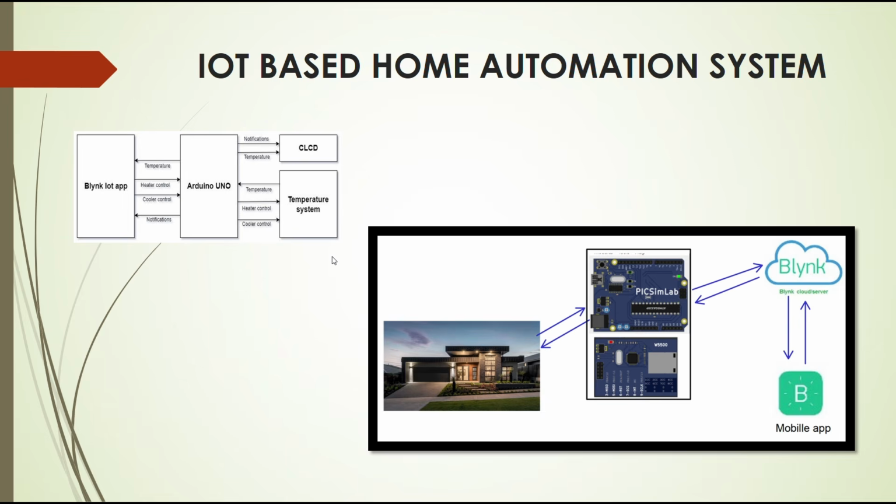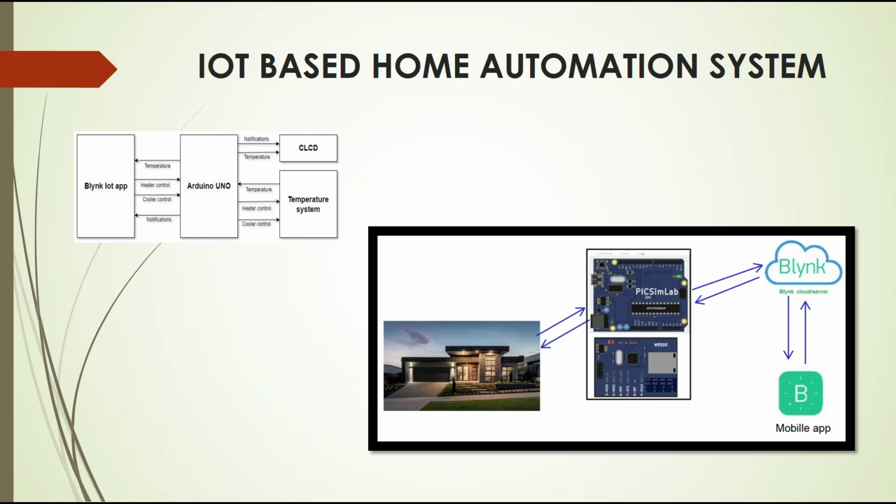Now comes the highlight of the internship, the IoT-based home automation system. This system allows the user to control electrical appliances like fans and lights using the Blynk IoT mobile app. It works through a Wi-Fi enabled microcontroller, Arduino, connected to the cloud.